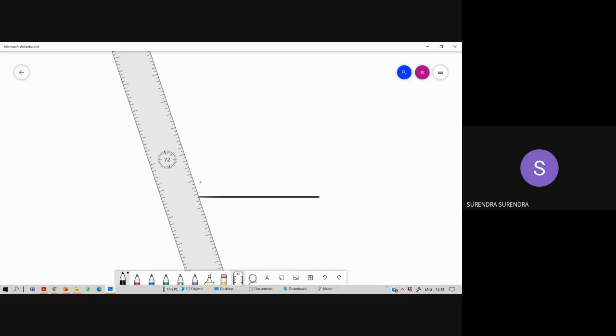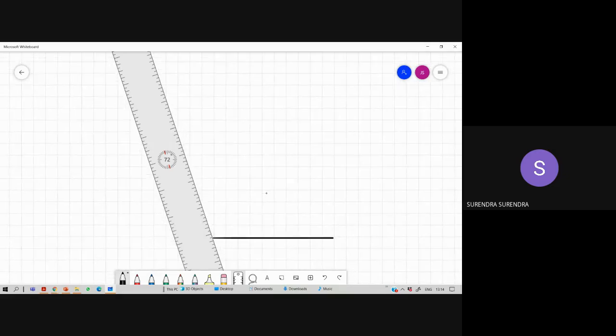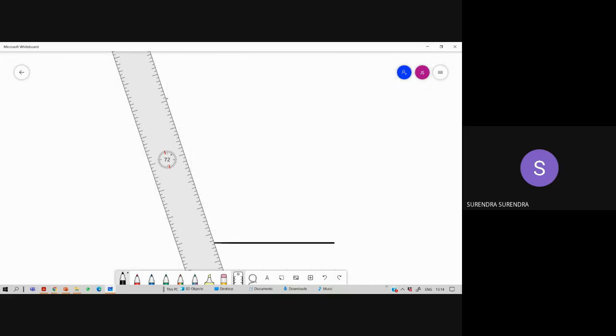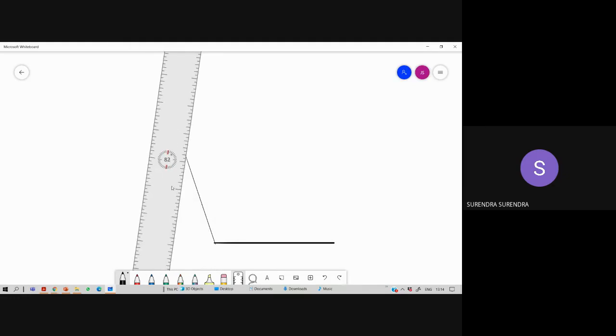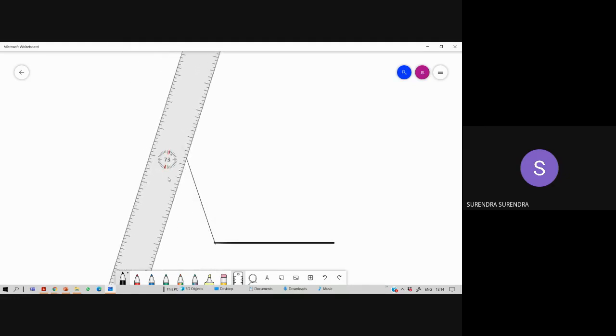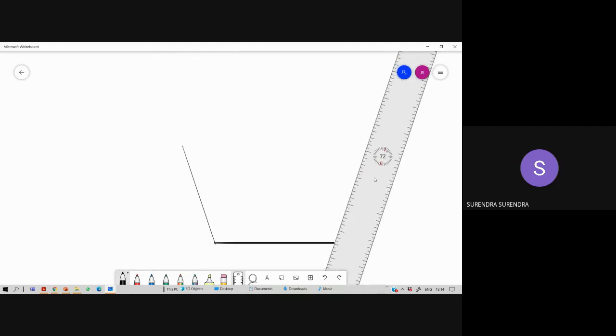So this angle must be 108. Don't confuse. By taking 108 degrees with the protractor, draw an inclined line. Similarly, on the other side also, draw an inclined line at an angle of 108 degrees.